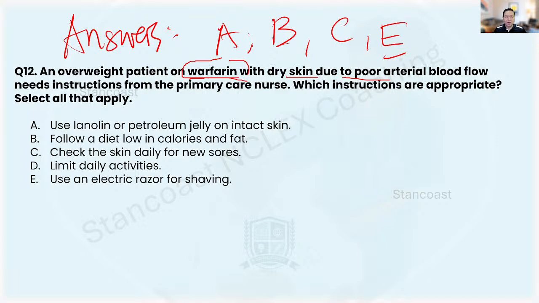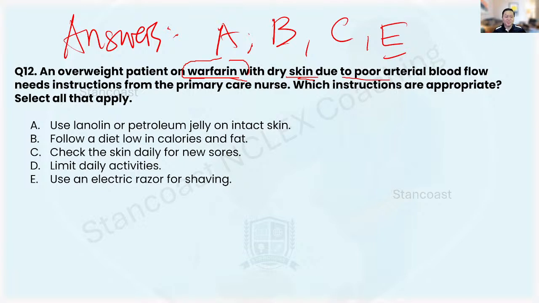No, the warfarin is not causing the skin to get dry, I'm sorry. So the patient is overweight, is placed on the warfarin therapy, and their skin is getting dry because of the poor blood flow, not caused by the warfarin. And so what we need to do here is to give instructions to the patient. So what are those instructions that we should offer to this patient?